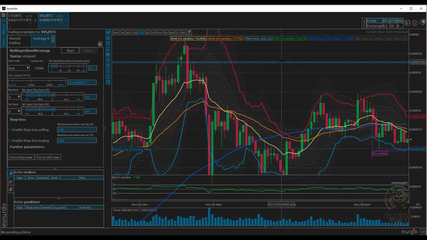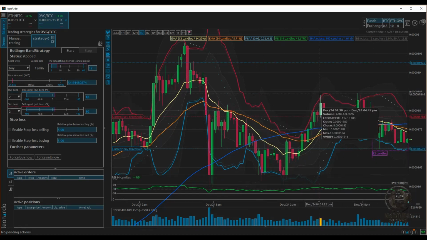But the idea is that you can set up your bot here with this configuration. Basically, it's going to buy on the blue line and then sell on the red line.